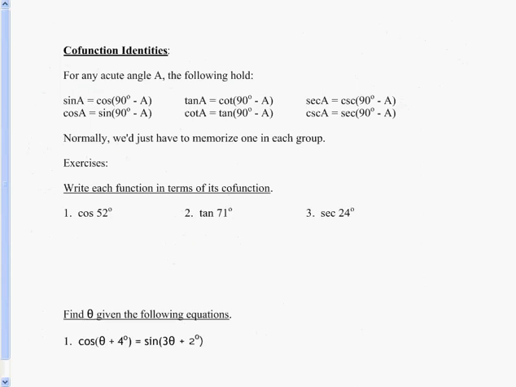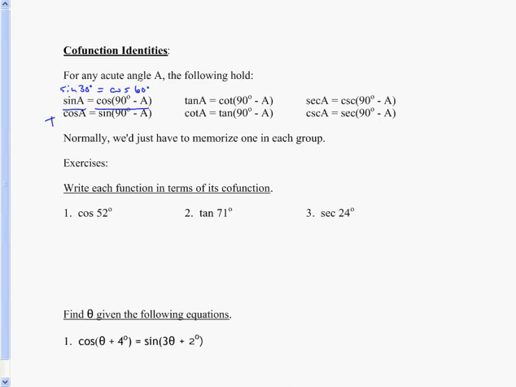Cofunction identities hold for any acute angle A. That is, the sine of A is equal to the cosine of 90 minus A. So if I had the sine of 30 degrees, that would be the same as cosine of 60 degrees, because 90 minus 30 gives me 60. Notice that the 30 and the 60 are complementary and we have cofunctions.